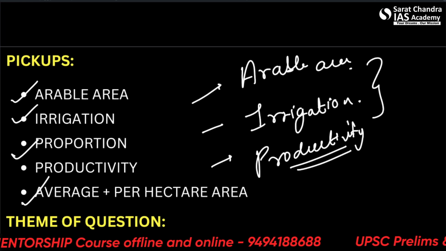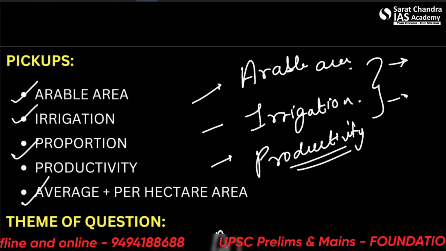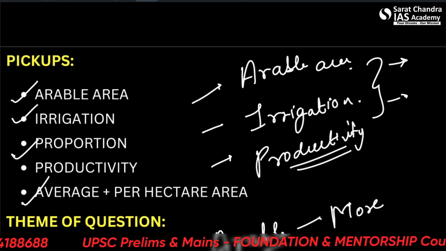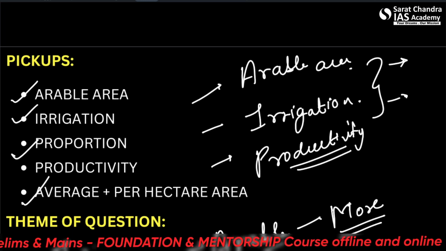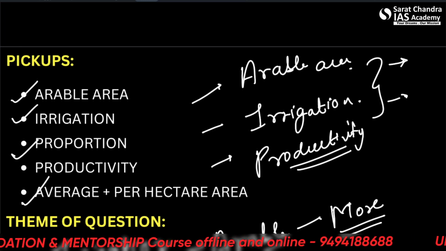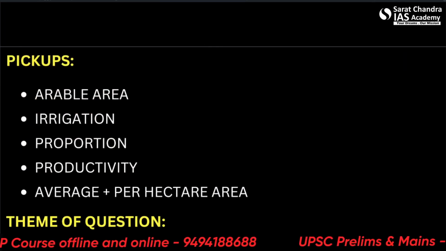So first, two things you see, they are counterproductive to each other. If the arable area is naturally more, this means irrigation is not much required here. And if irrigation is much required, then the area is not naturally arable.